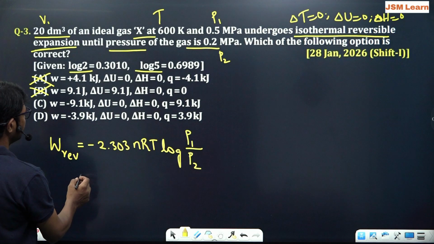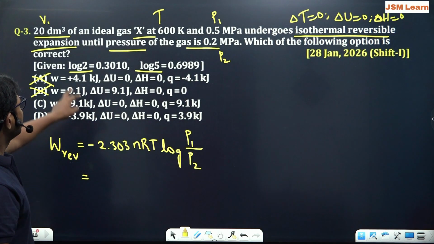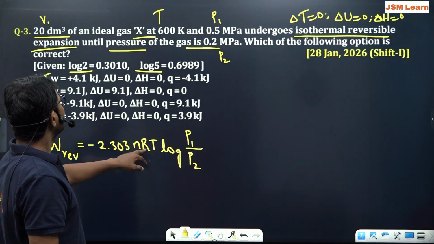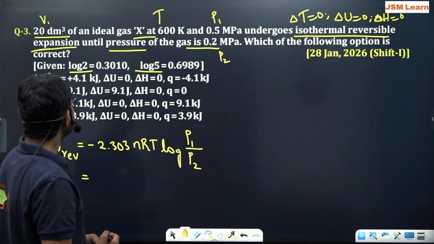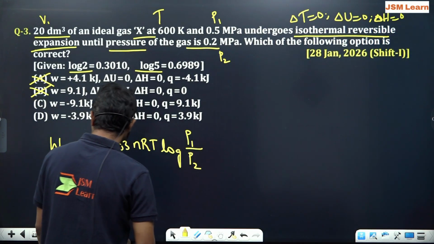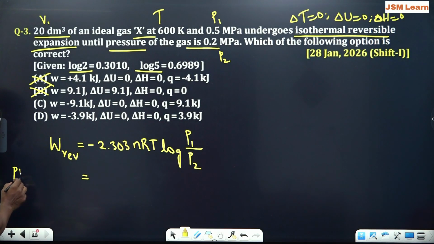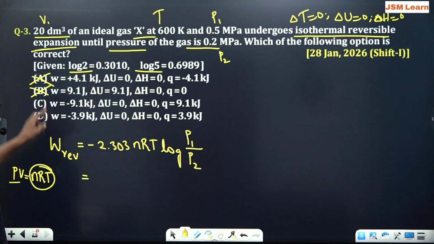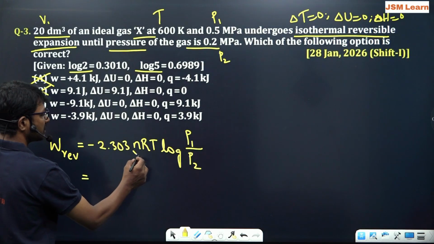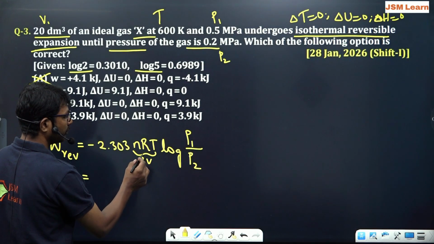Here they haven't mentioned the number of moles at all, but only the temperature. So as you know, PV is equal to nRT. In place of nRT, the initial pressure and volume can be considered. What is the pressure here? They have mentioned 0.5 megapascal.